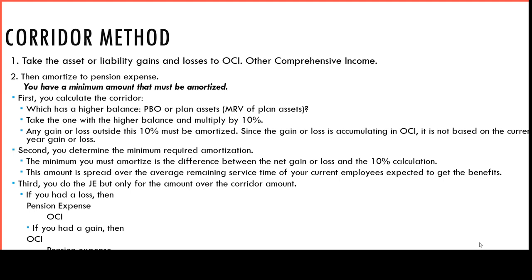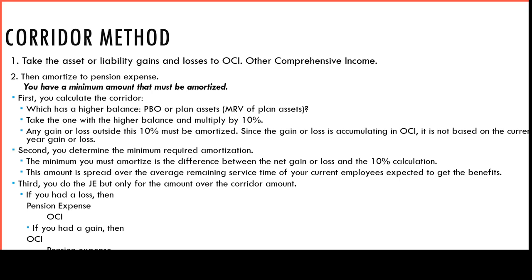The corridor method takes the asset or liability gains and losses to OCI. Then you amortize to pension expense. You have a minimum amount that has to be amortized. This is where it gets a little strange, very arbitrary. You look at the balance in PBO or plan assets, and this is the value of plan assets.